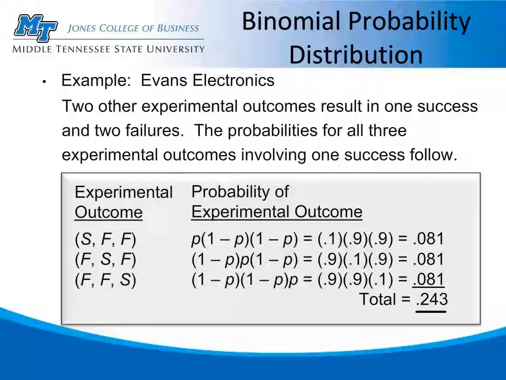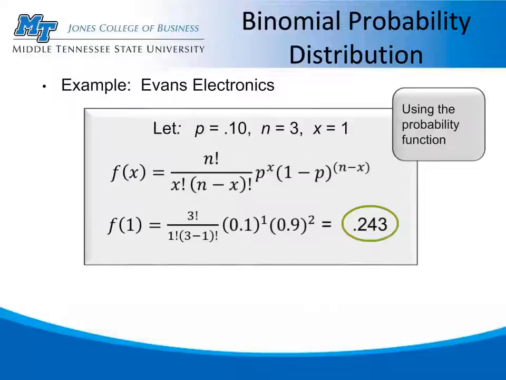And then when you add all three of them up, you get the 0.243 for the solution. So P is equal to 0.1, the probability that an employee is going to leave. N is equal to 3. There are 3 employees, there are 3 trials, and we want the probability that one of them leaves. So we want one success in the 3 trials.